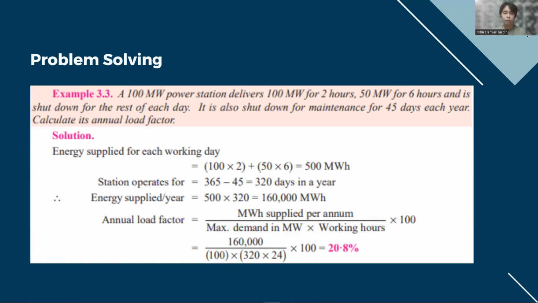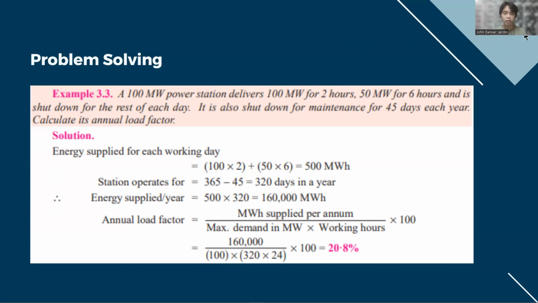So, let's calculate the load a day since our power station works with 100 megawatts for 2 hours and 50 megawatts for 6 hours. Then the energy supplied for each working day is 100 times 2 plus 50 times 6, which equals 500 megawatt hours.